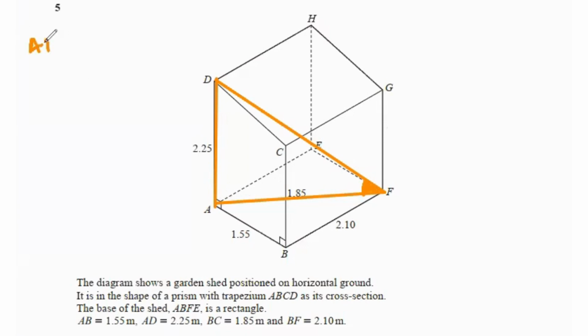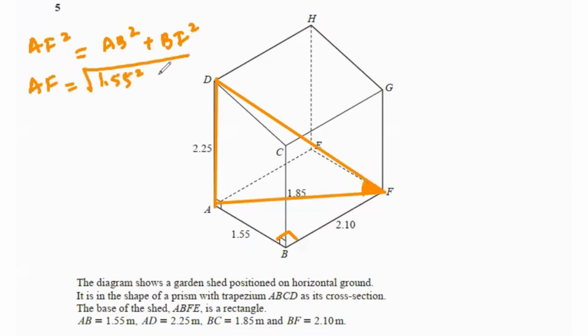So we'll find AF using Pythagoras again, because once again, it's a right angle triangle, because it's a rectangular face, AEFB. So AF squared equals AB squared plus BF squared. So AF is going to be the square root of 1.55 squared plus 2.10 squared. And that is going to give us 2.61.